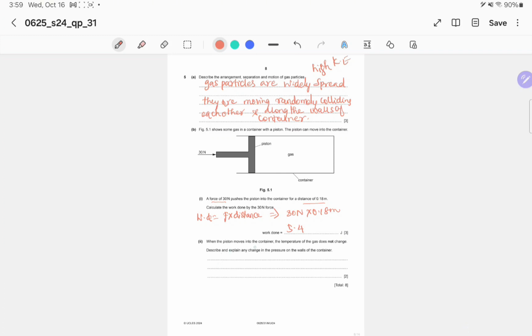When the piston moves into the container, the temperature of the gas does not change. Describe and explain any change in the pressure on the wall of the container.